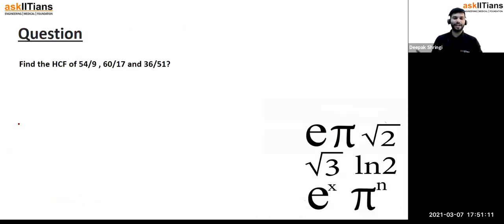Okay, give it a try. A question for everyone, and I'm giving you 2 minutes for it. Give it a try and solve it quickly. Waiting for the answers. Everyone has to tell me the answer. Not a difficult question. Just apply the formula and solve it. I'm asking you to find the LCM and HCF, both the things. It will not take a lot of time.